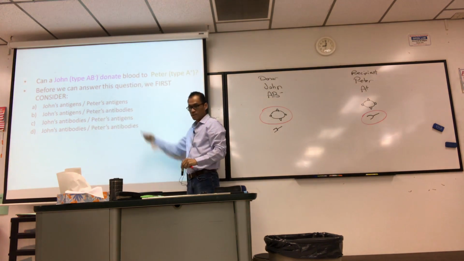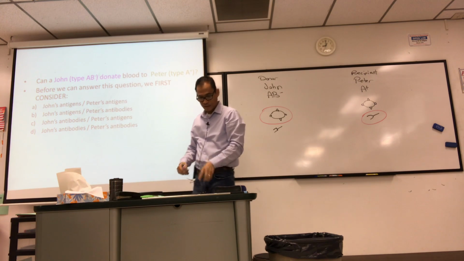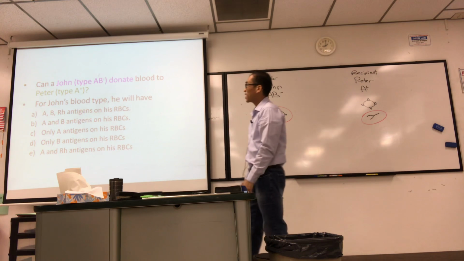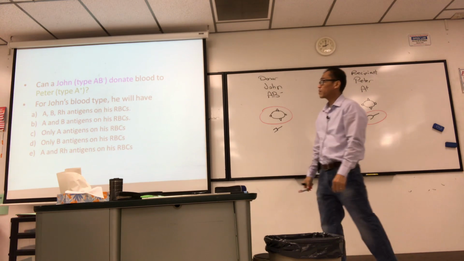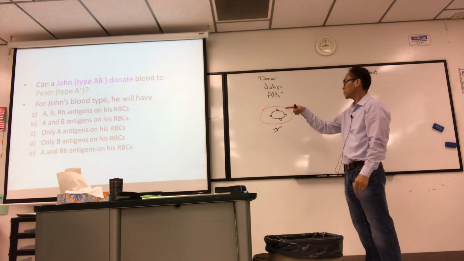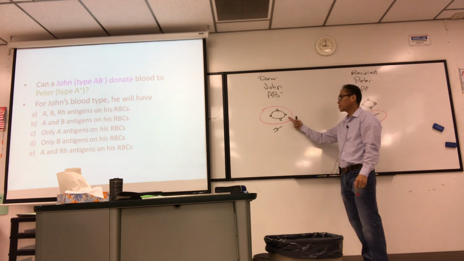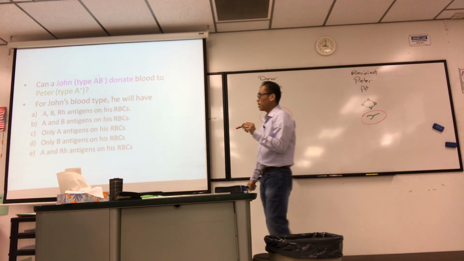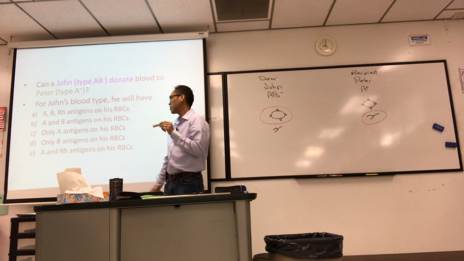B is correct. So if you want to quiz yourself at home, go ahead and the next thing is, can John donate to Peter? For John's blood type, of those choices, what did we determine for his blood type? A and B on his RBCs.